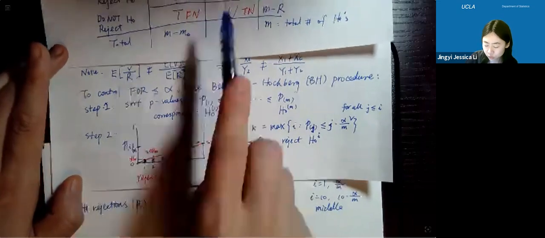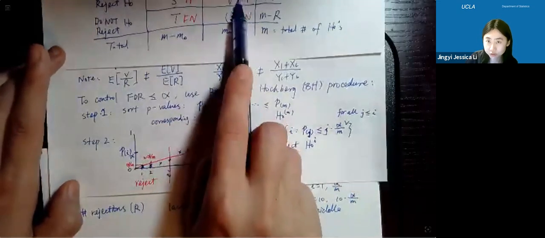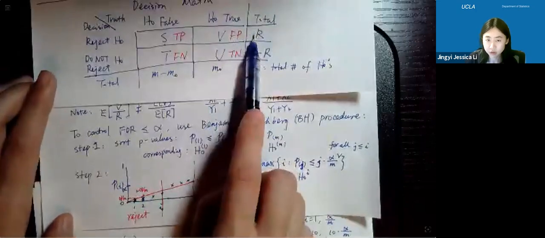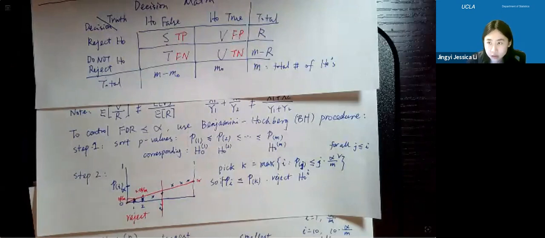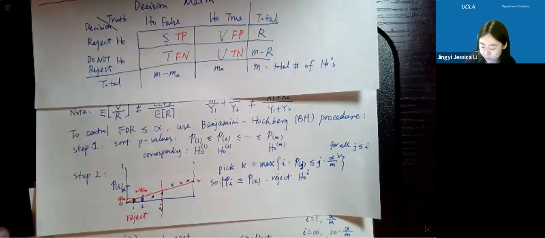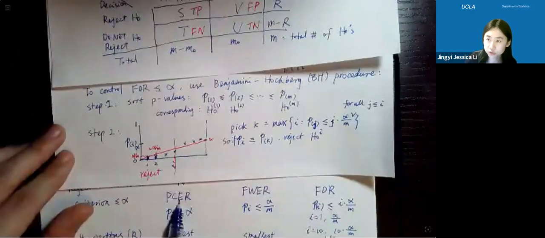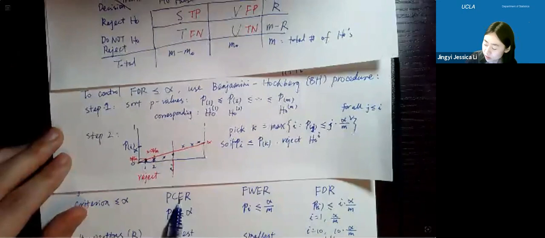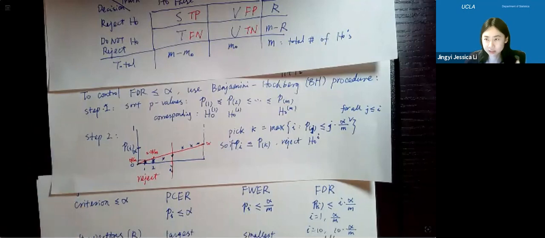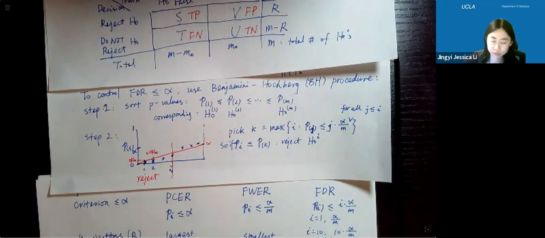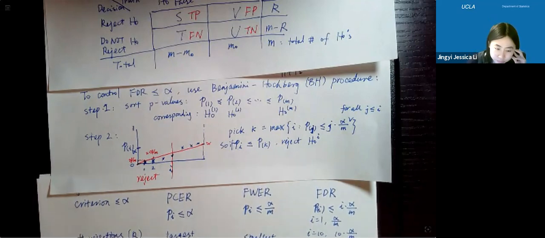As long as we can make this ratio, V over R, quite small, we should be pretty confident with our results for further downstream analysis. That's the fundamental reason why FDR is so popular, because it's more reasonable than just the PCER, which does not do any multiple testing correction, and it will give us more discoveries than we can get using FWER. So it's like a trade-off between what we can achieve and what is not desirable. I hope that makes sense to you.